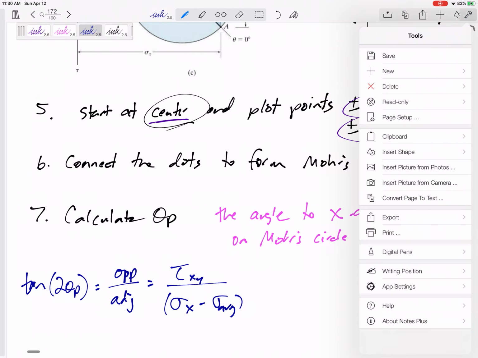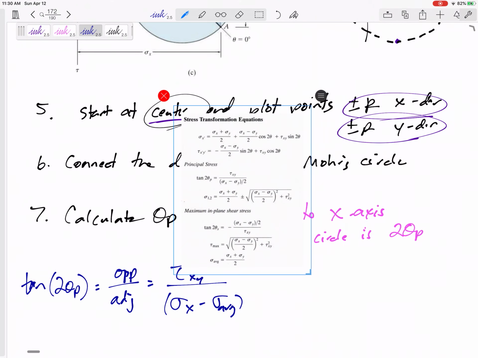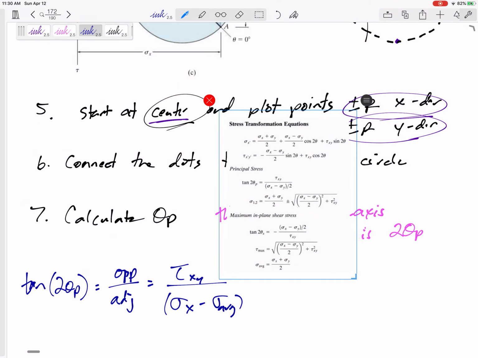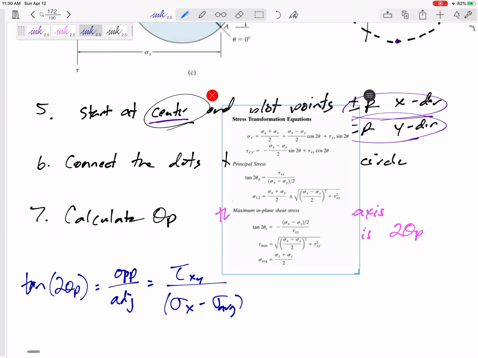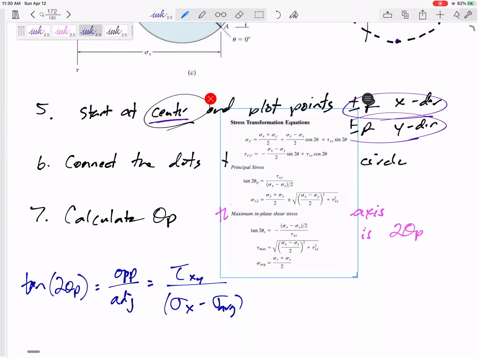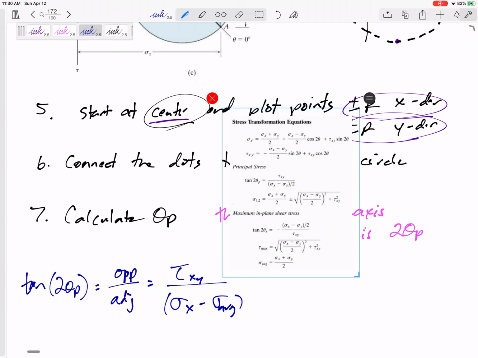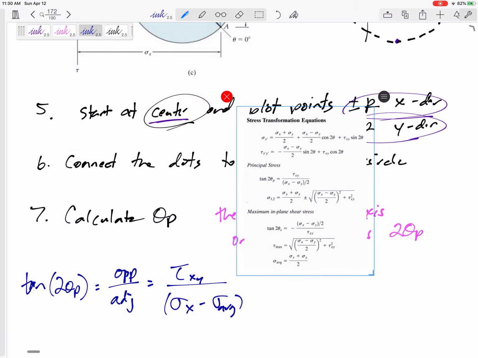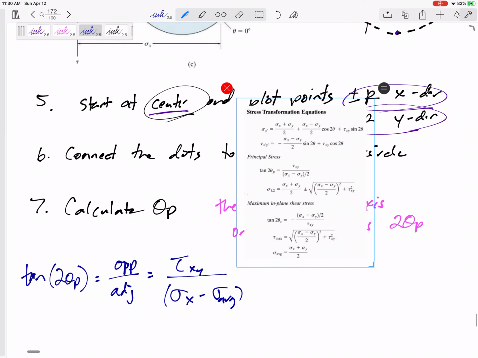Yes, sigma x minus sigma average, we could change sigma average to sigma x plus sigma y divided by 2.